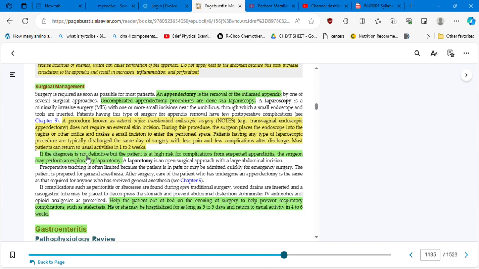Most patients can return to usual activities within 1 to 2 weeks. If the diagnosis is not definitive but the patient is at high risk for complications from suspected appendicitis, the surgeon may perform an exploratory laparotomy. And we know that that type of surgery is an open surgical approach.